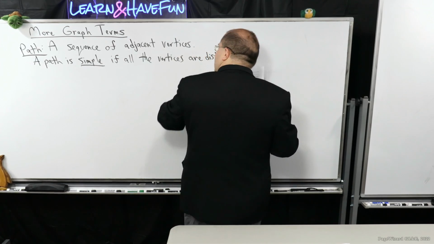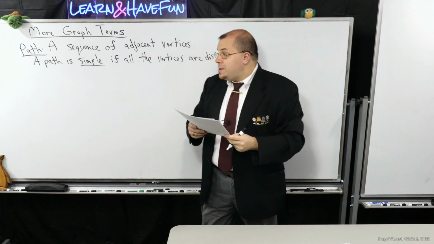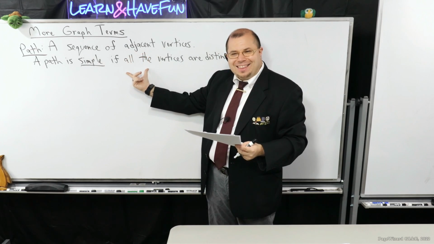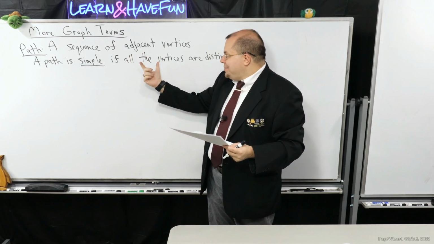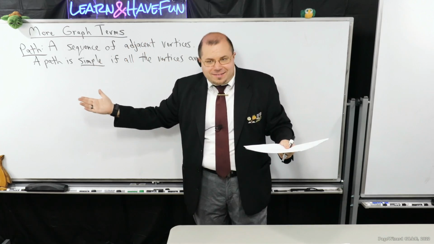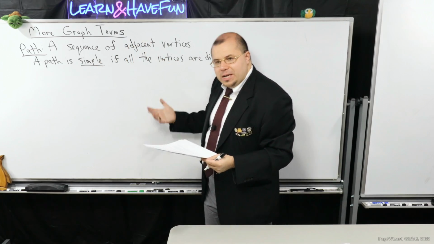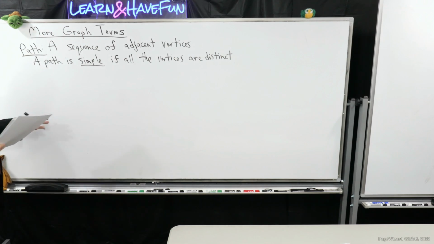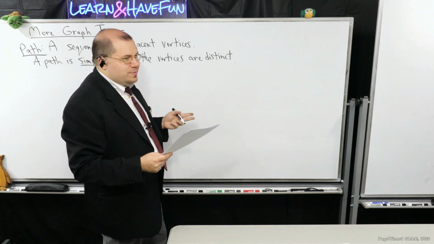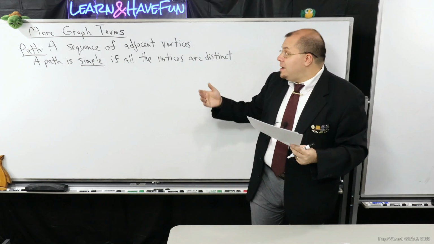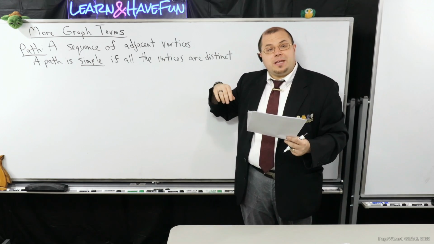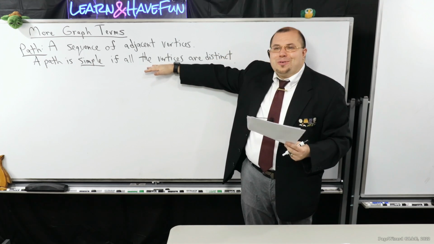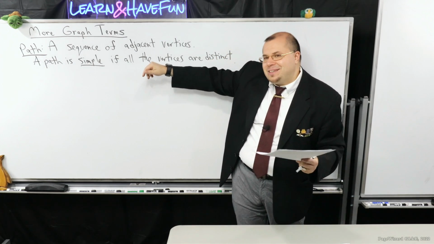One important remark is that some people will refer to this as a walk, and some people will refer to the latter as a path. It's very common that when you talk about a path, it is simple, but be very careful and make sure you read carefully what they're talking about, if you need to know that distinguishing remark. So a path might mean just simply a sequence of adjacent vertices, or it might be a simple path if no vertices repeat each other. But you'll find in a lot of CS circles that the latter part is what people call a path. It's usually just presumed to be simple.